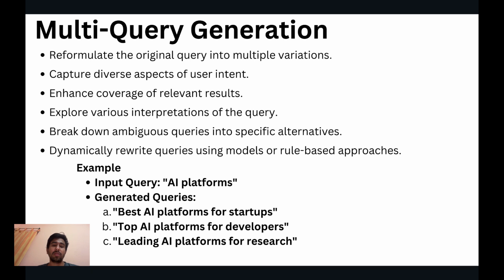We can use any LLM to dynamically rewrite the queries, or we can use rule based approaches to rewrite the query into multiple queries. For example, the input query can be AI platforms, and the generated queries may be best AI platforms for startup, top AI platforms for developer, leading AI platform for research. In this way it can cover different aspects of the AI platform, so more relevant documents will be retrieved.